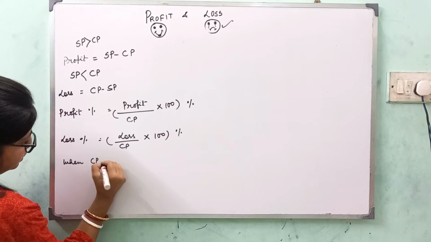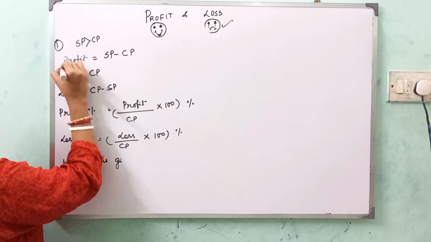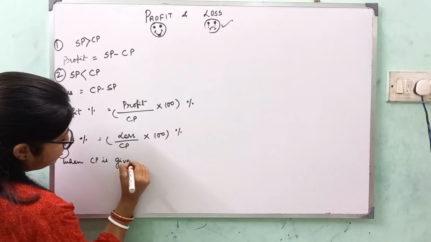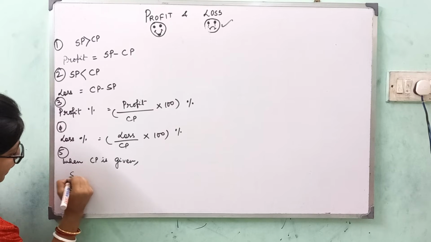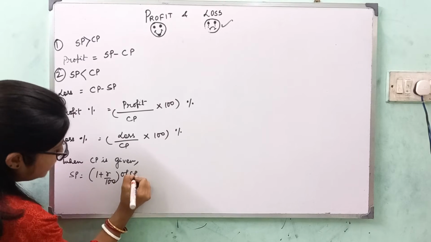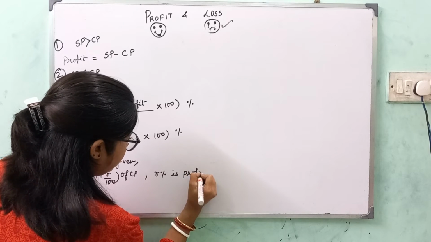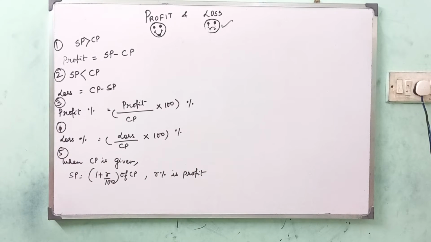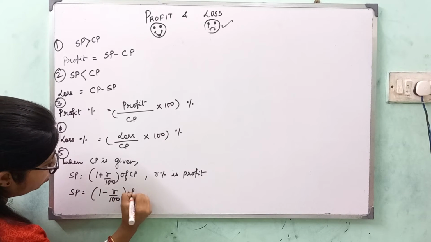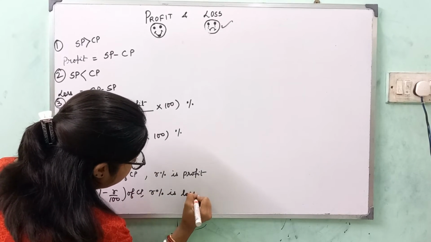When CP is given to you, SP will be (1 plus R by 100) of CP when R percent is profit, and SP will be equal to (1 minus R by 100) of CP when R percent is the loss.